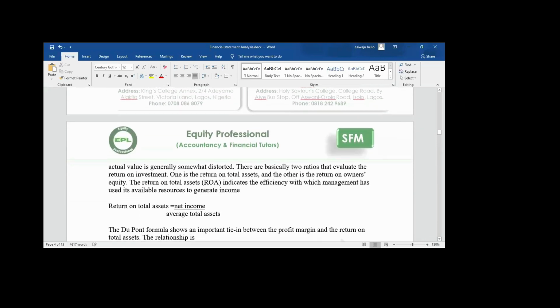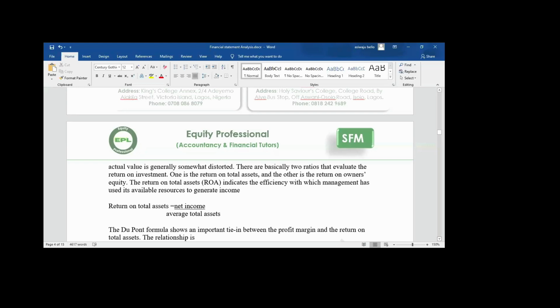Please note, the return on investment is also your return on capital employed. That is profit before interest and tax divided by the capital employed. You can use it to measure profitability performance.